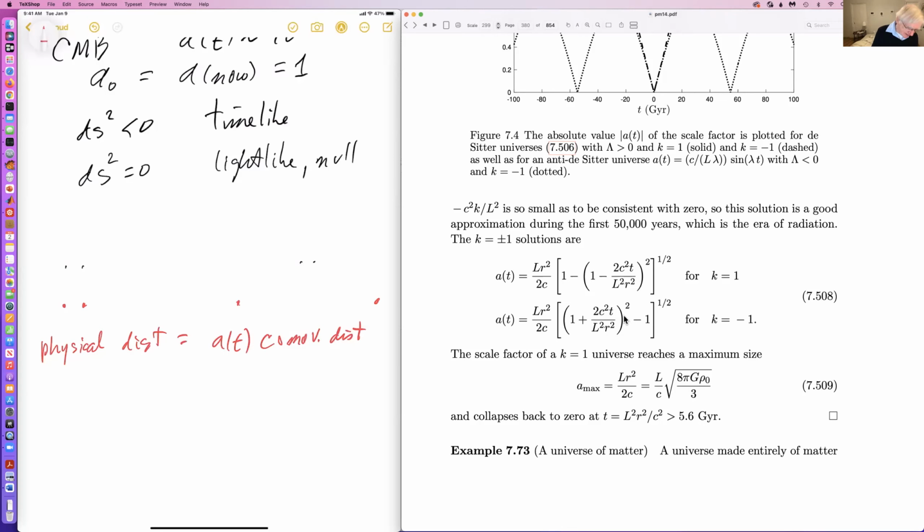Experimentally, the physical observations of astronomers and physicists indicate that k is experimentally 0, but the bounds are small, but not super small.